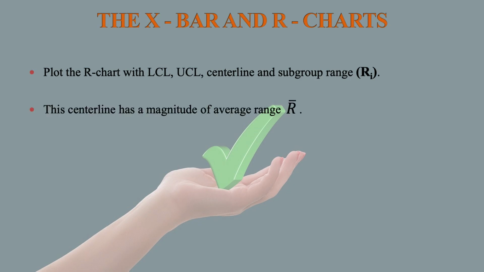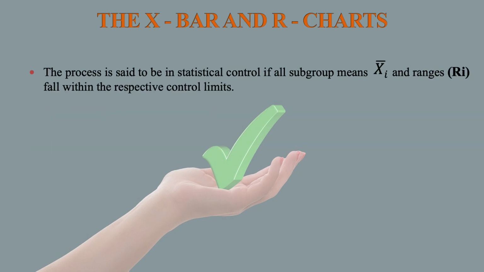This center line has a magnitude of the average range, that is R bar. This line represents a reliable estimate of the range. The process is said to be in statistical control if all subgroup means, that is Xi bar, and ranges Ri fall within the respective control limits.